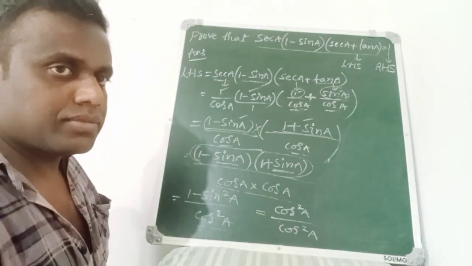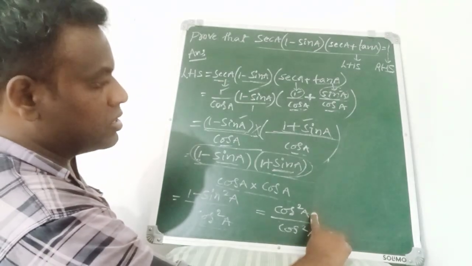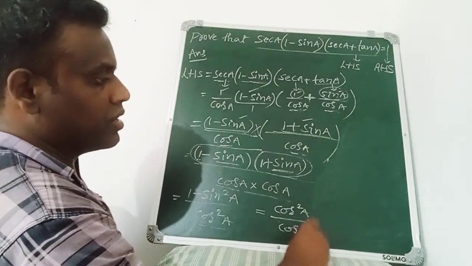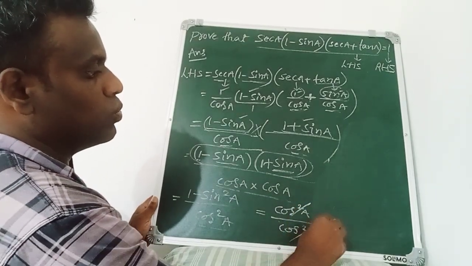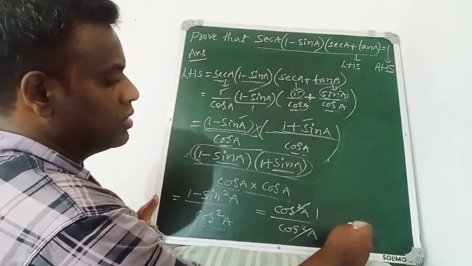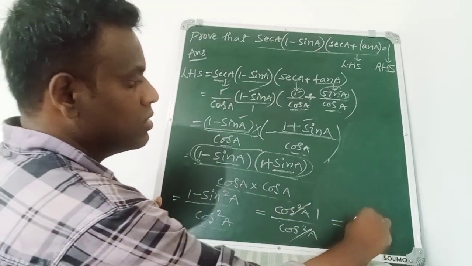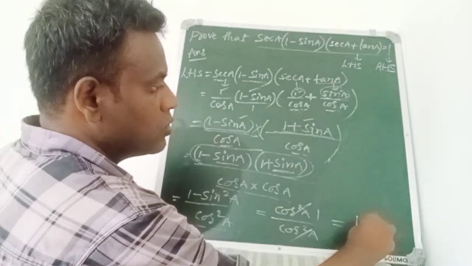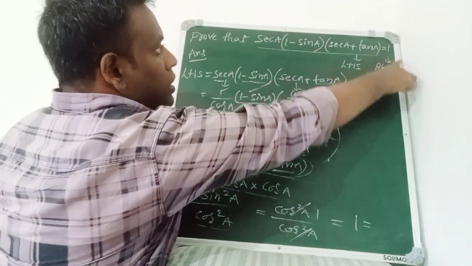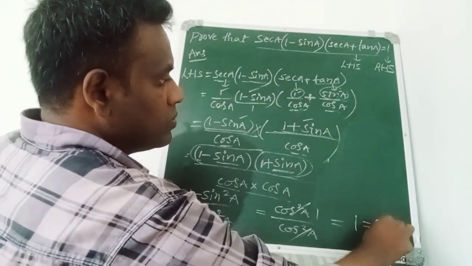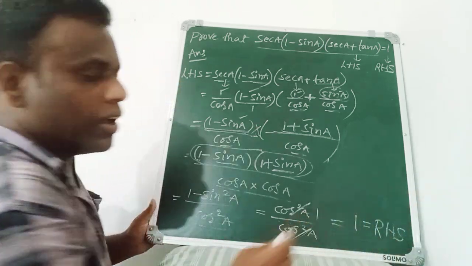Okay. See, here also cos square A, here also cos square A. So we can cancel it. What is left here? 1. So this is equal to, when we cancel this and this, we are left with 1. So 1 is what? 1 is RHS. Okay.